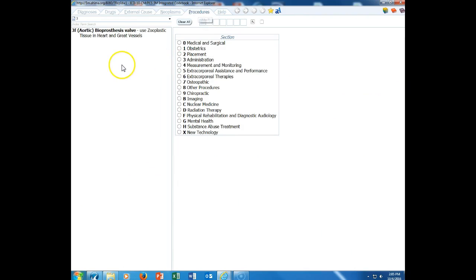Now we're coding procedures. And in coding these procedures, the first thing we want to do is code the insertion of the cardiac resynchronization pacemaker. They actually inserted it into the chest.